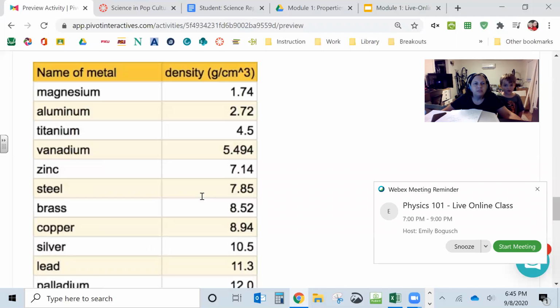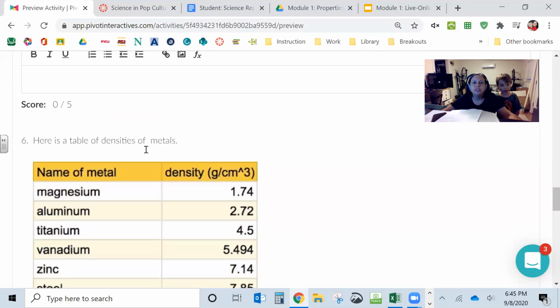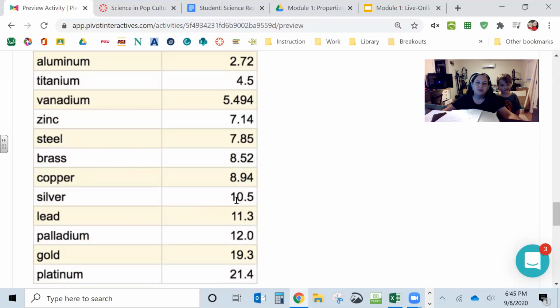The next thing you need to do is look at the data table they gave you in order to determine what metal you have. My metal was silver, and my density was very close to that.